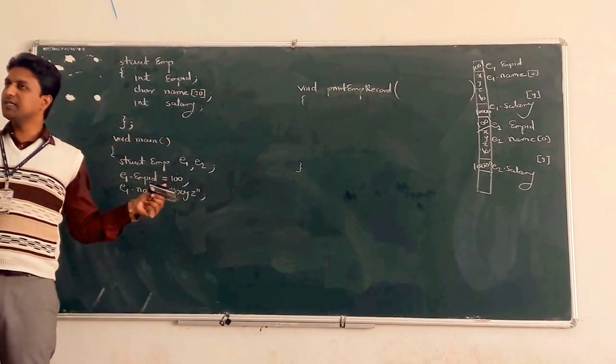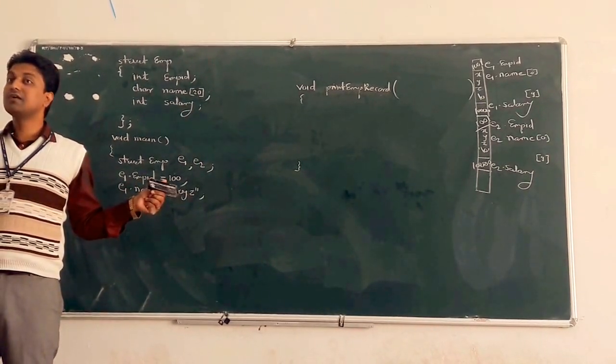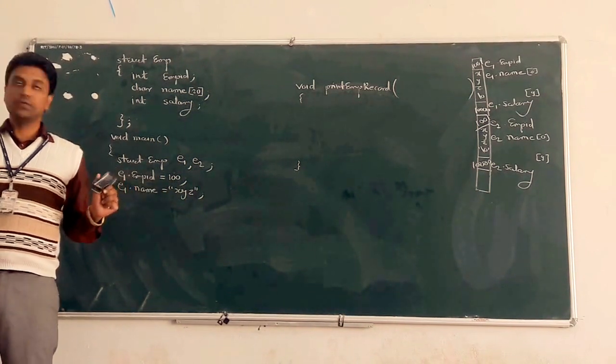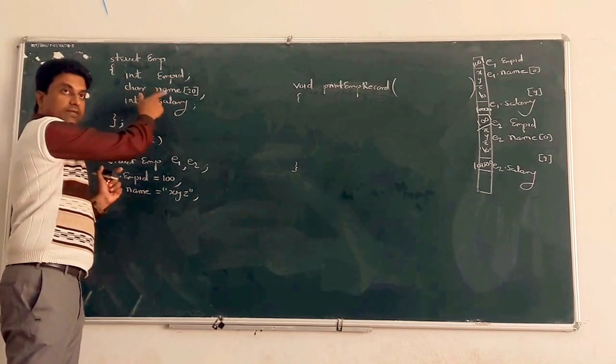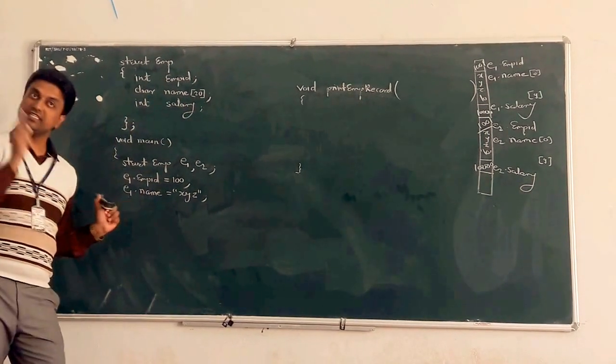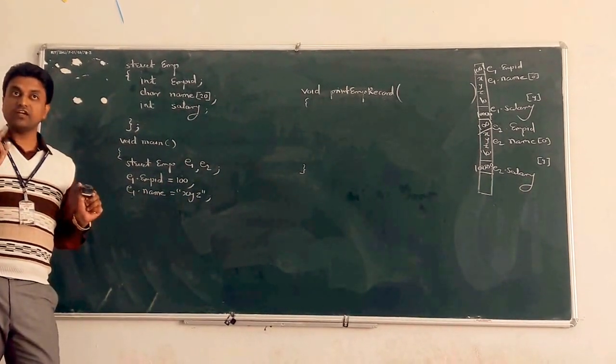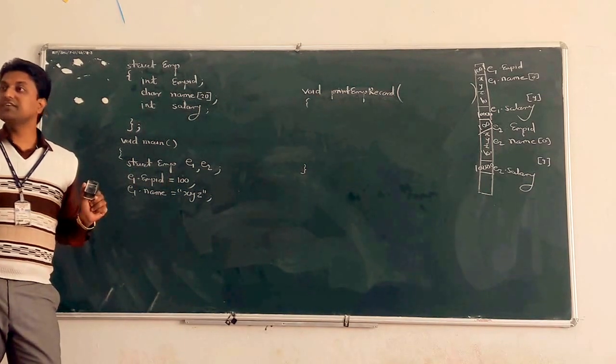Is it possible? No, because E1 dot name is a character array, and a character array we cannot initialize using equal to.